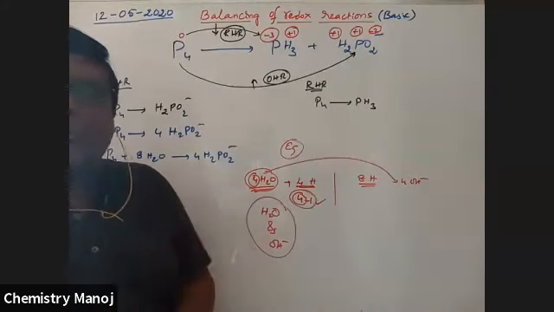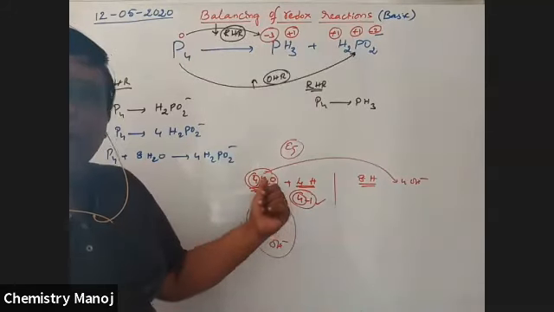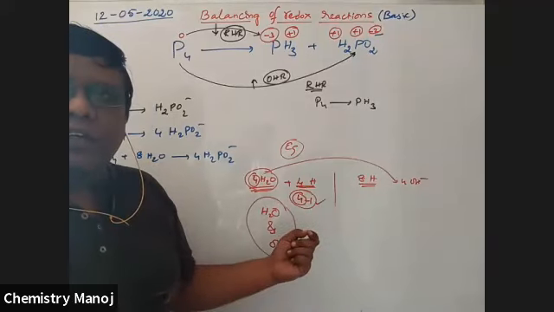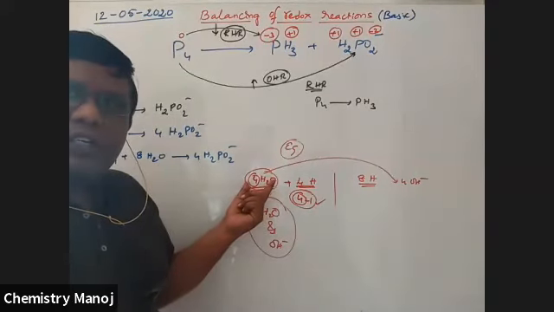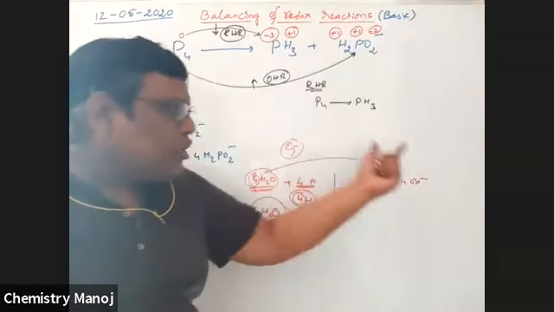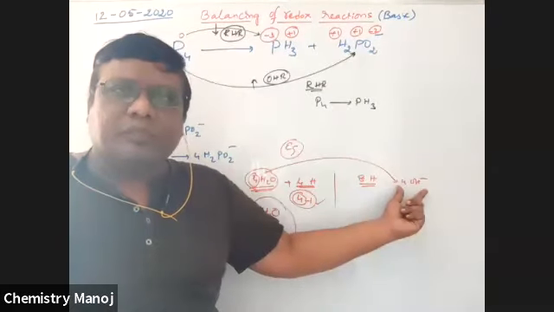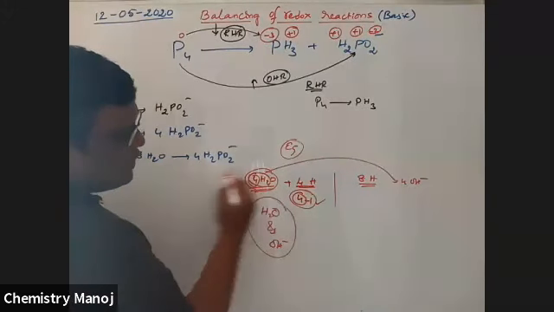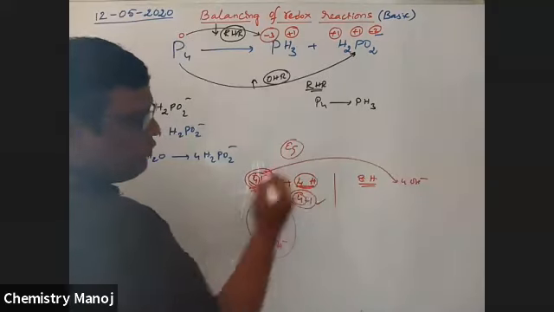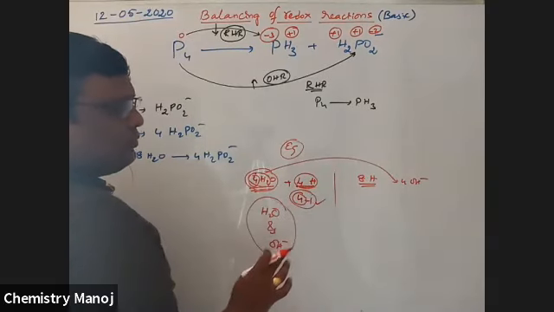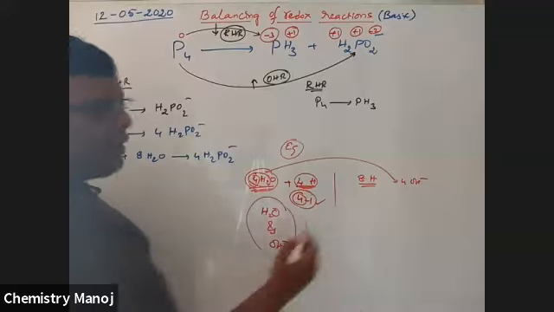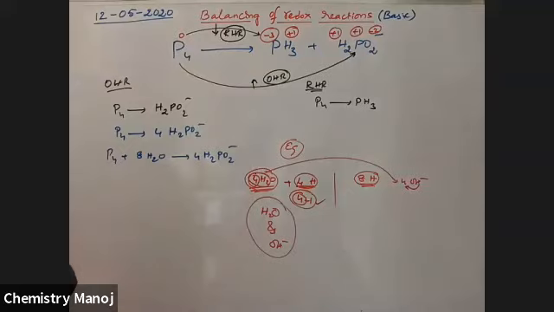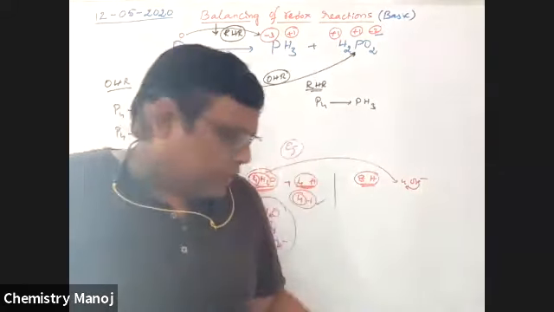Two steps: first water on the shortest side, then the same number of OH minus on the opposite side. Now check once again: 8 hydrogens plus 4, 12 hydrogens on the other side, 8 plus 4 is 12. Automatically balanced.